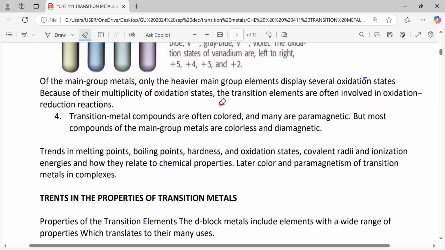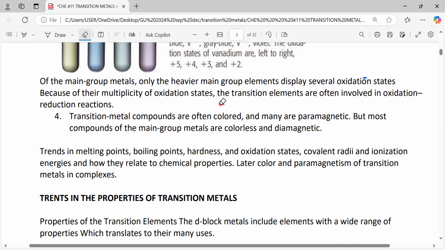So transition metals are involved in oxidation reduction reactions, or redox reactions. Then number 4, their compounds are often colored and are paramagnetic, but most compounds of main group elements are usually colorless and diamagnetic.